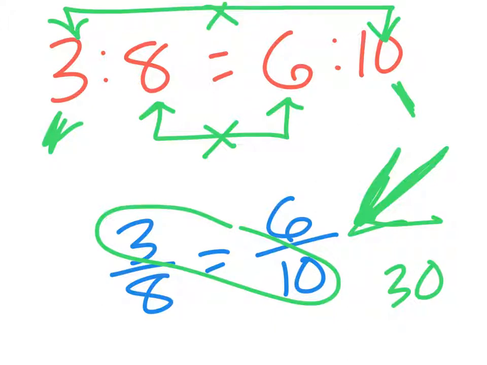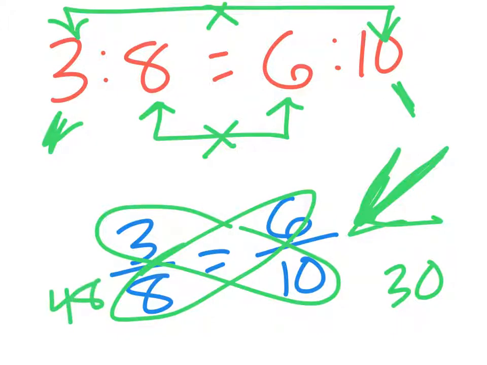The inside numbers, or for those of you using the fraction method, the opposite numerator and denominator, 8 times 6, we know produces the answer 48. So these are definitely not equivalent fractions. So we would go ahead and just say the answer to that is simply no.